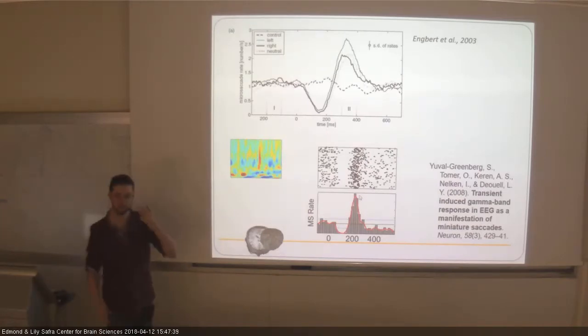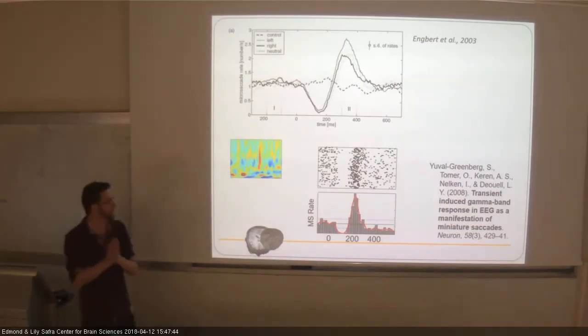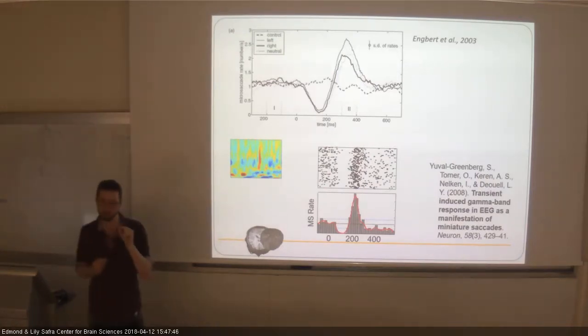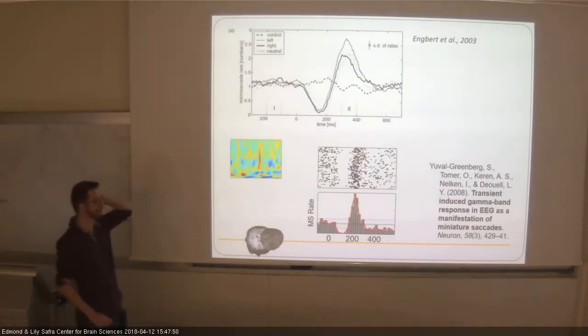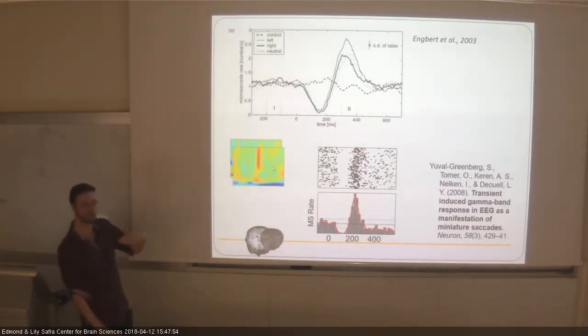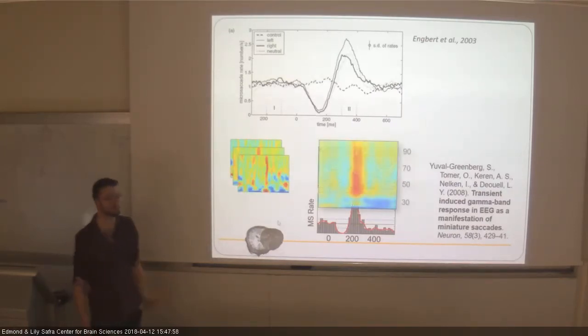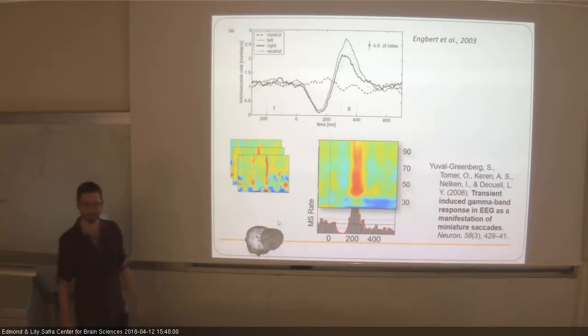And because this happens in a specific latency, even though these are very, very small spikes, they can be recorded even as far back as the back of the head. And when you do a time frequency decomposition of each signal trial and then average across all trials, this is what you get.